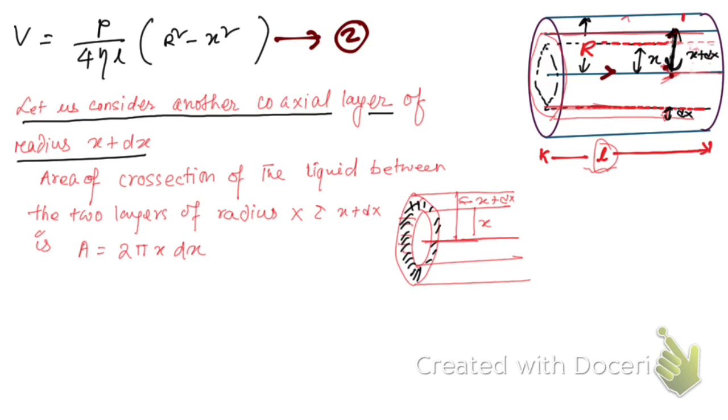So let me write it, 2 pi x dx, that's the area.